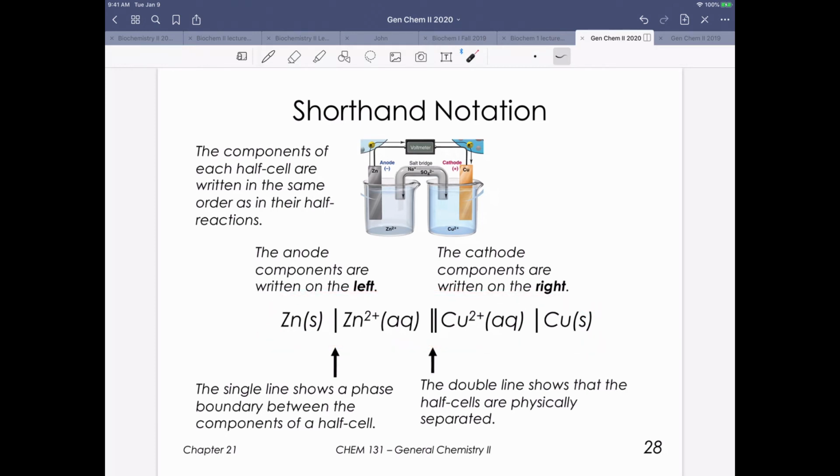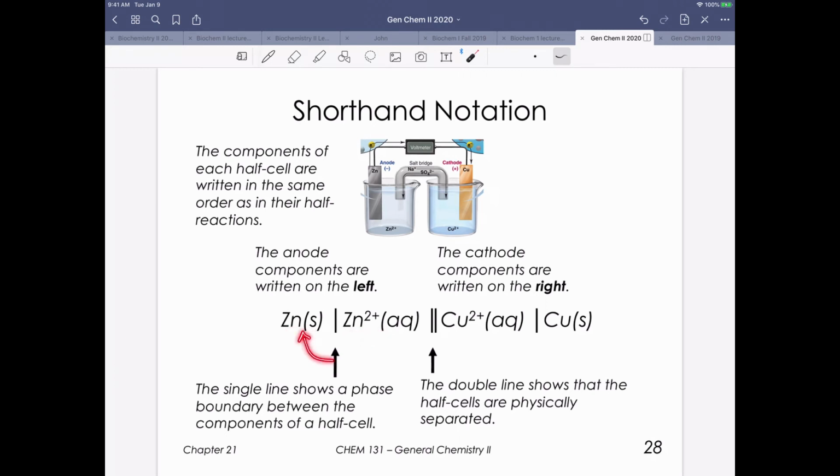What we need to remember is this represents what's going on in the anode, which is our oxidation chemistry. This is what's going on in our cathode. This is our reduction chemistry. If there's a phase change, they just indicate a single line here. So again, we've got solid metal and we've got zinc here.